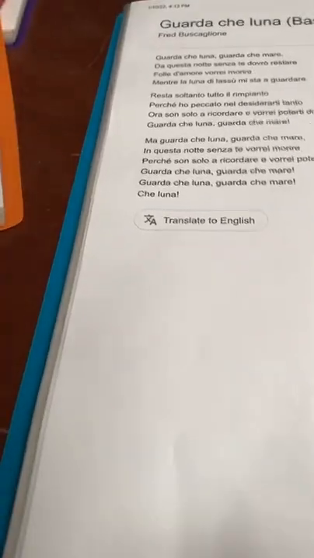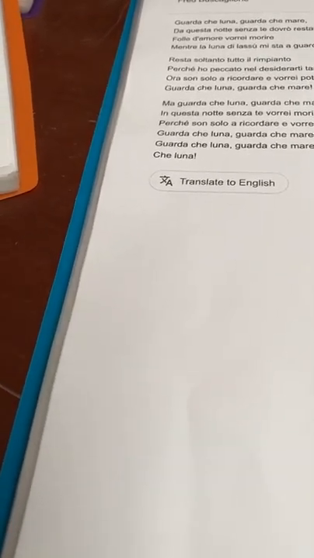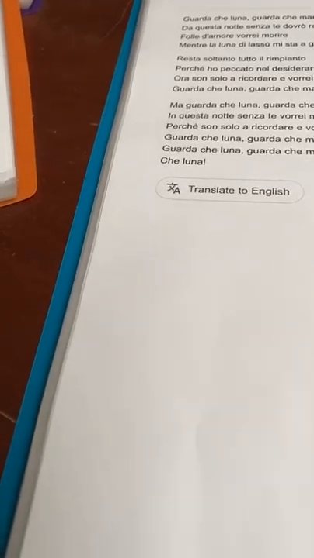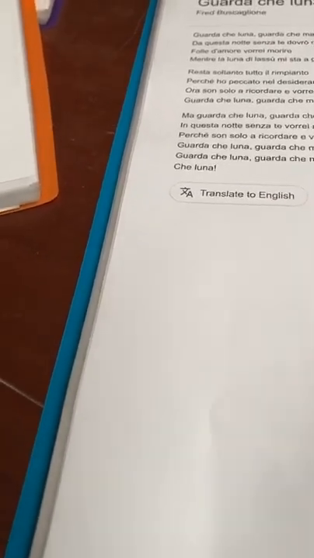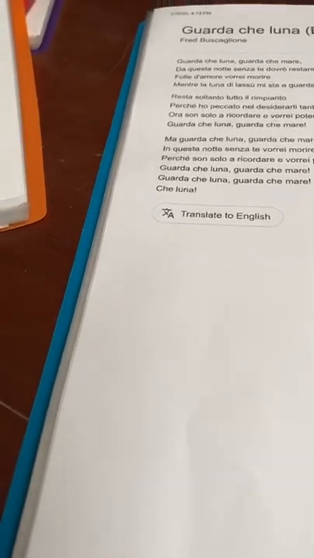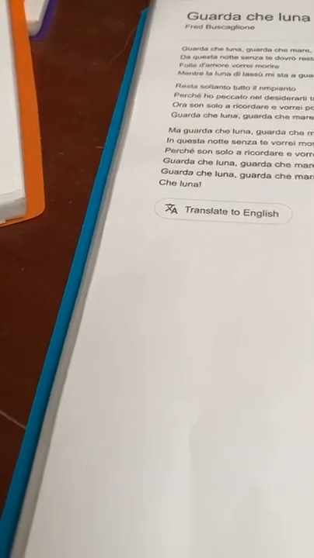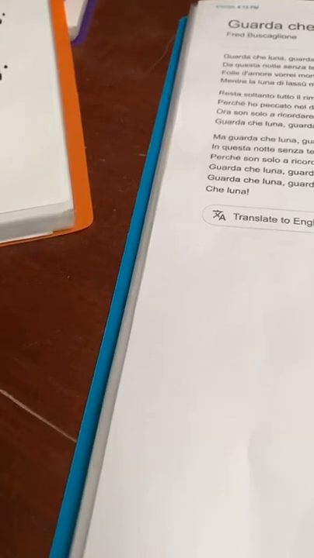You cannot conjugate di or da if they are prepositions. Unless you want to say da with an accent on top, it means give. But da without the accent means from. So mi può spiegare? L'ho spiegato. You can tell me, are you happy with the explanation, or do I need to? You can ask more questions.